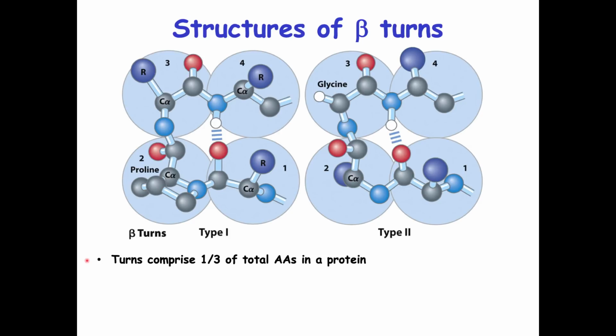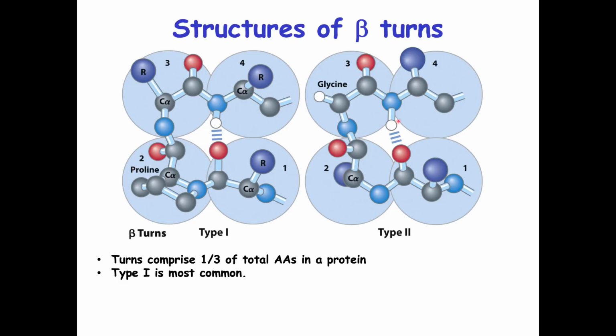There are 2 types of beta bends, a type 1 shown here and a type 2 shown there. Type 1 is the most common, and they're going to differ a little bit in their amino acid composition. If we look at the type 1, what we see in the second position is proline.